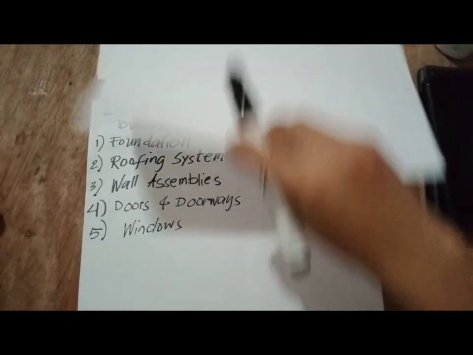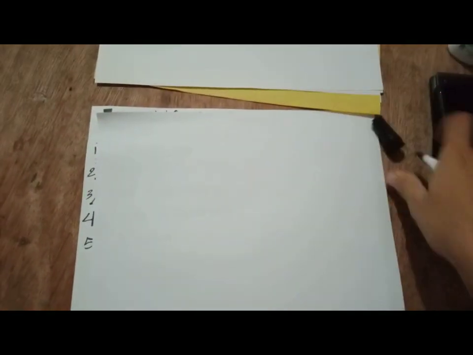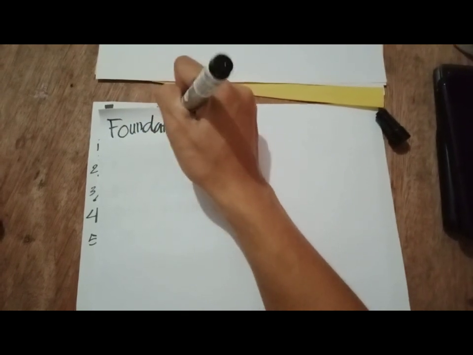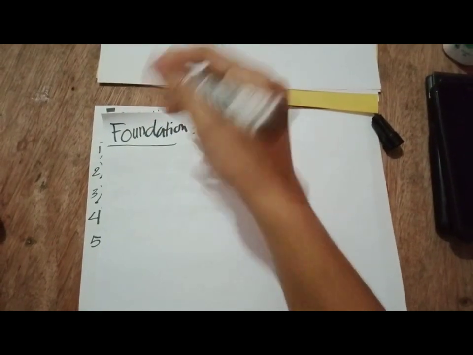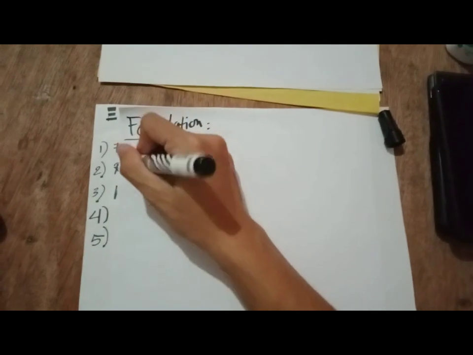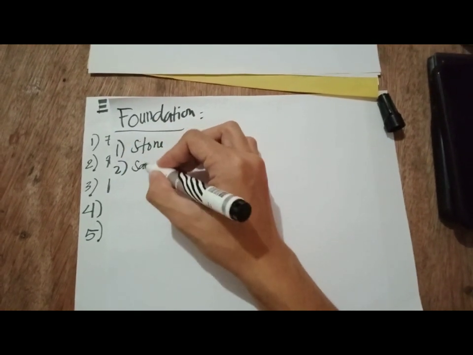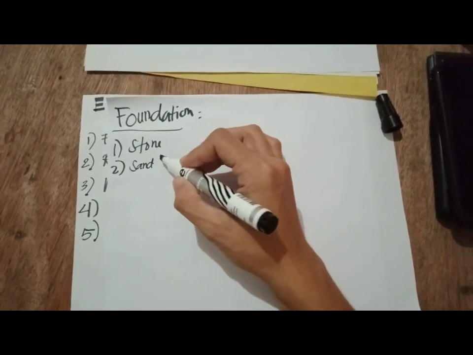So let's start with the foundation. In foundation, the common materials used are the stone, or what we termed as the coarse aggregate. Number 2, we have the sand, or the fine aggregate.